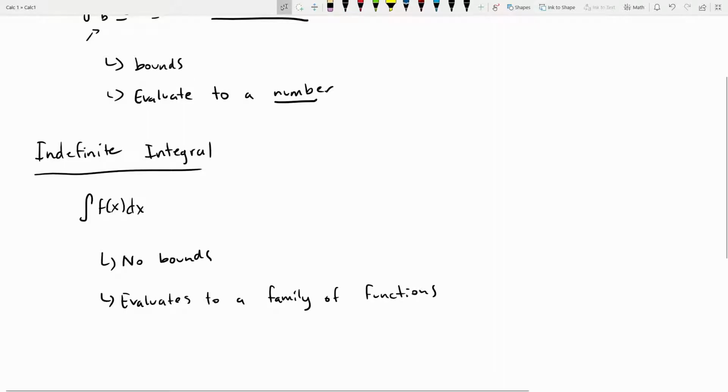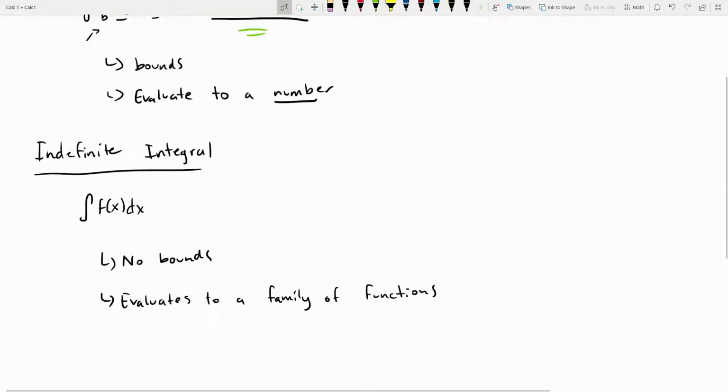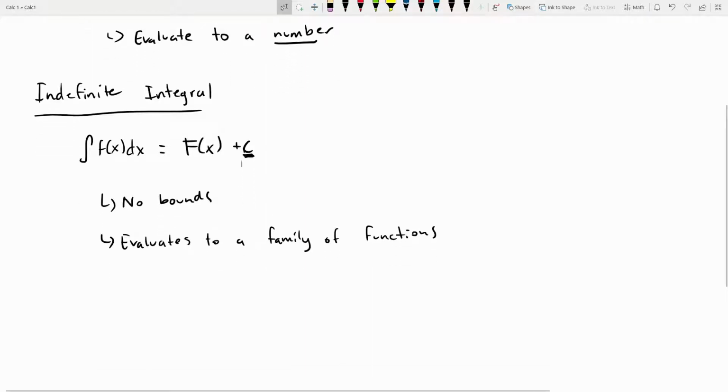Before we saw that this would evaluate to this stuff here. However, with the indefinite integral, we won't get a number anymore. We're just going to get the antiderivative plus a constant, like we talked about, because the derivative of a constant is 0, so we can always include this constant. So we will just get this family of functions, and that's all the indefinite integral is going to tell us.